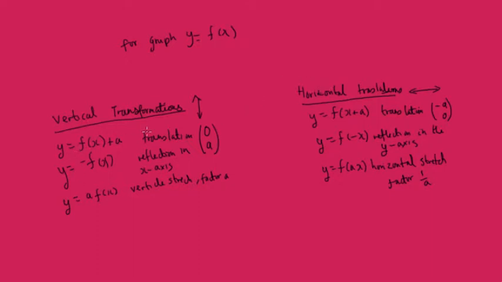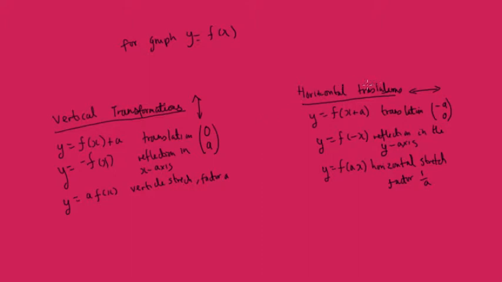So here we have the vertical transformation where it's a translation, and the x-coordinate remains unchanged, but we change the y-coordinate, and that's f of x plus a. Then we've got a reflection in the x-axis where y becomes negative f of x, and then we have a vertical stretch of factor a when we multiply the graph by a.